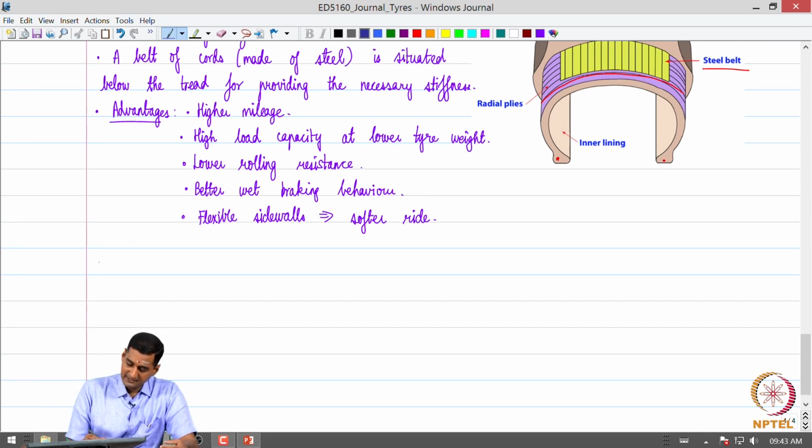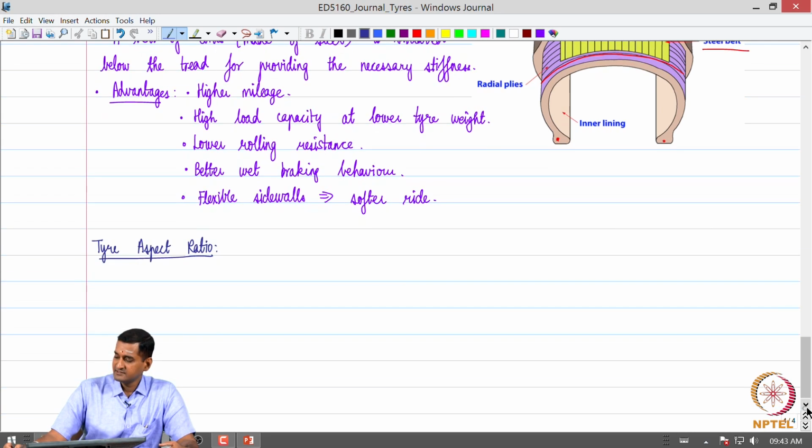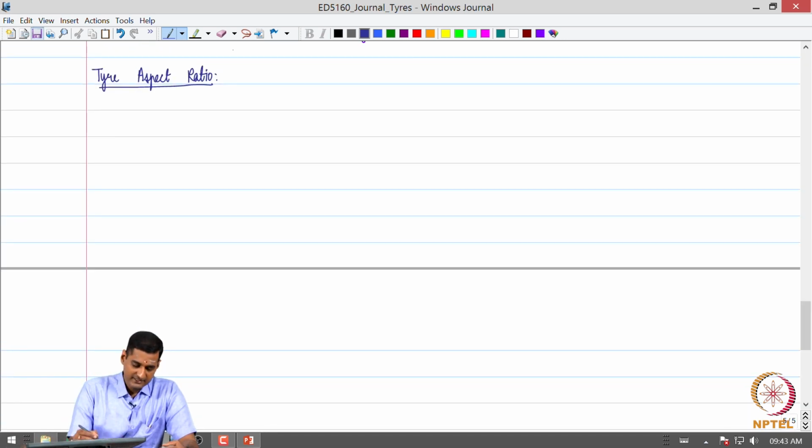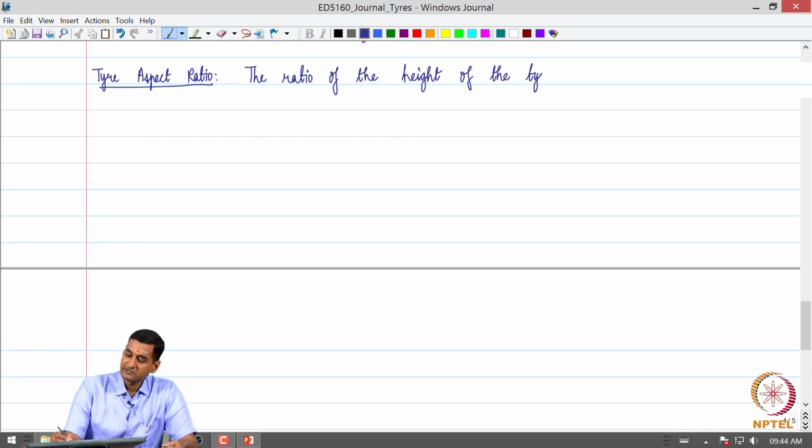There is another parameter which is very important for characterizing a tire, which is called the tire aspect ratio. So, what is this tire aspect ratio? The tire aspect ratio is the ratio of the height of the tire's cross section to its width.